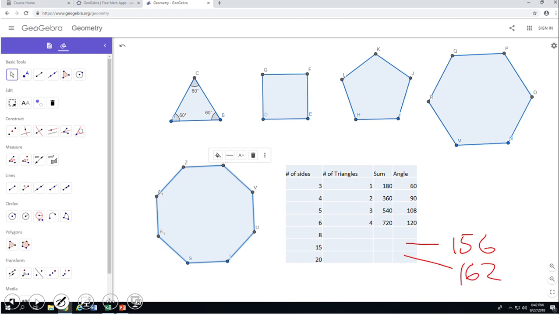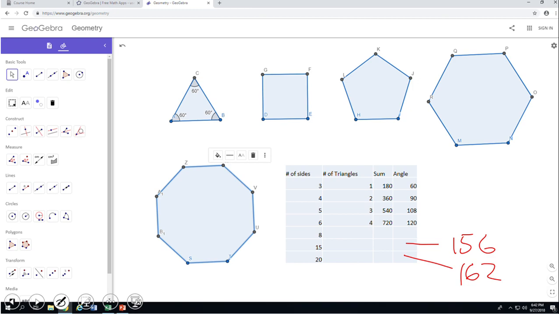If you end up with these two numbers, 156, yeah, that 156 is going to be the measure of an interior angle of a regular polygon of 15 sides, and 162, which is going to be the measure of an interior angle of a polygon of 20 sides, then you did a wonderful job.